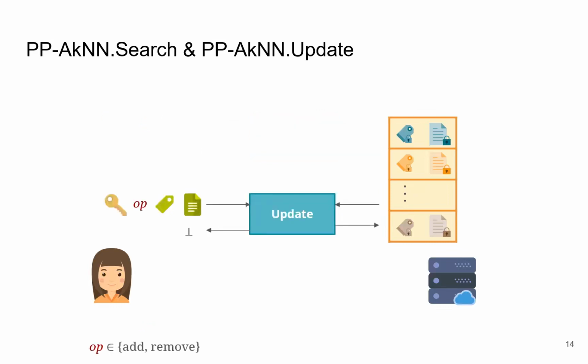The update algorithm runs similarly, with the exception that the client instead inputs an operation type, either add or remove. She also inputs a tag and associated file. At the end of the update algorithm, the client will receive no output.